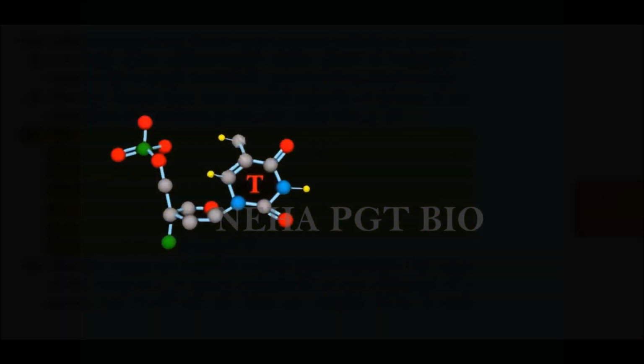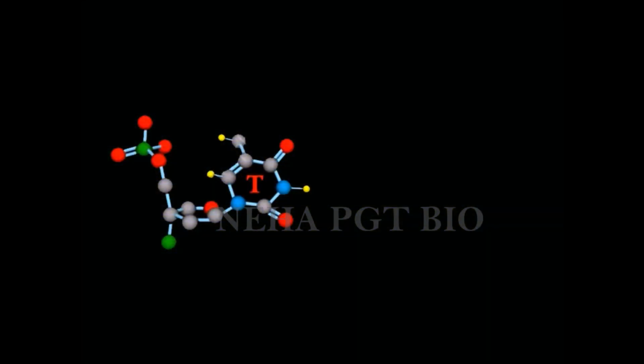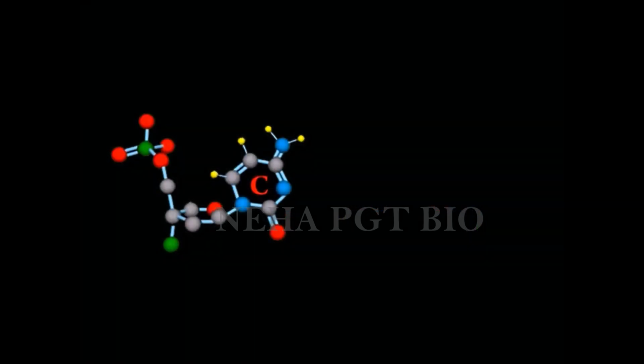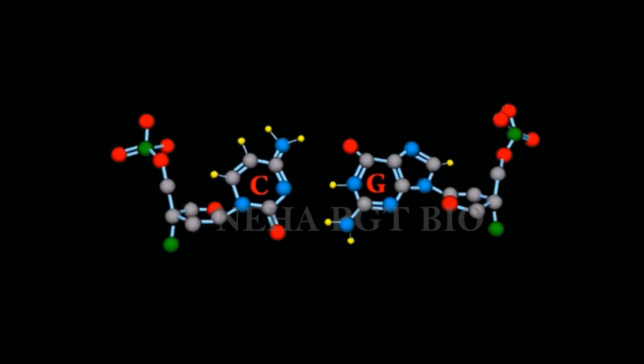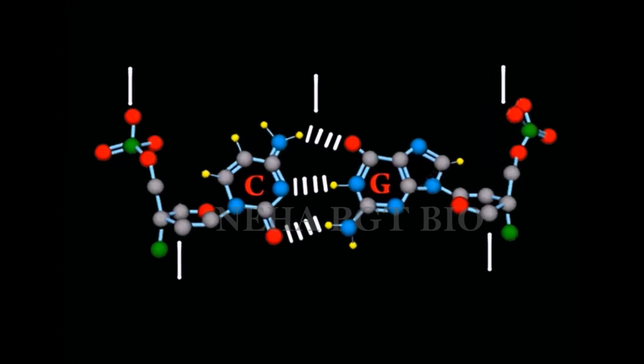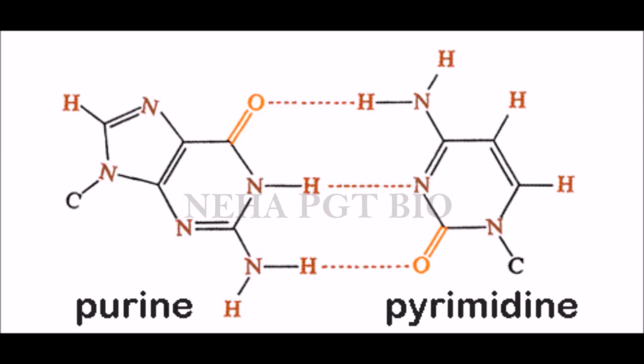Adenine always binds with thymine with two hydrogen bonds, whereas guanine always binds with cytosine with the help of three hydrogen bonds. As a result, a purine always comes opposite to a pyrimidine.